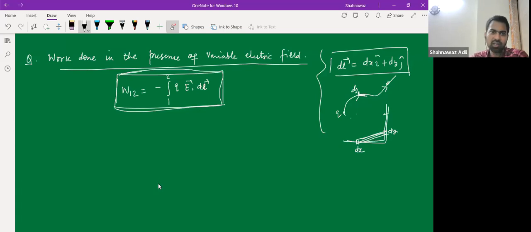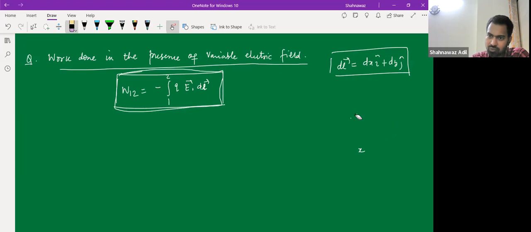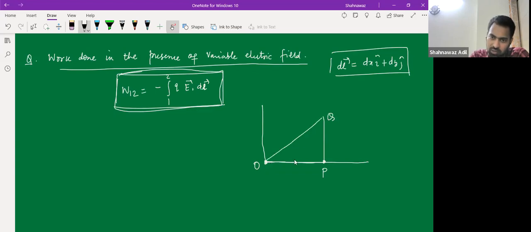Okay, now let us solve one question. So we have this charge, right? This is point O, let's say, and we move to point P, and then we move to point, let's say, Q, and then we come back to this point. This point is obviously 0,0.